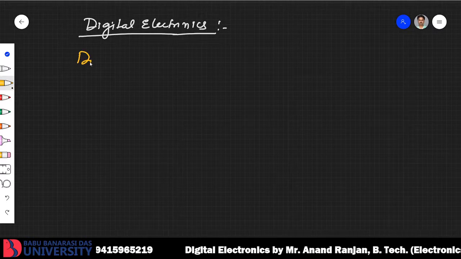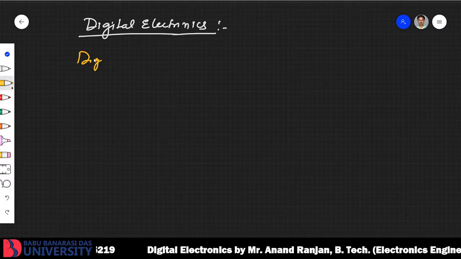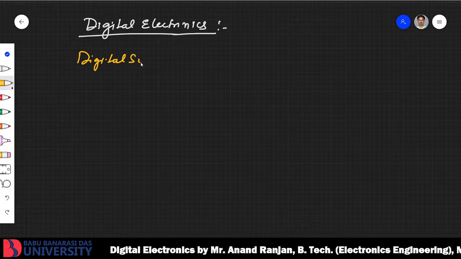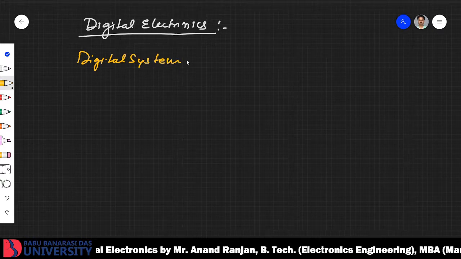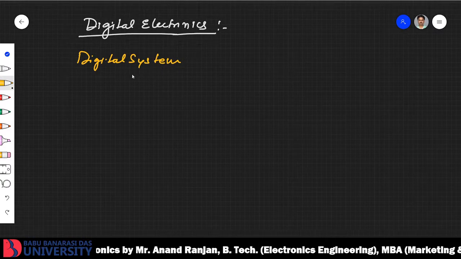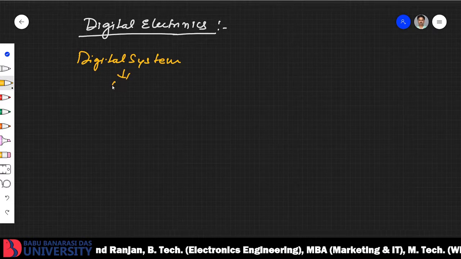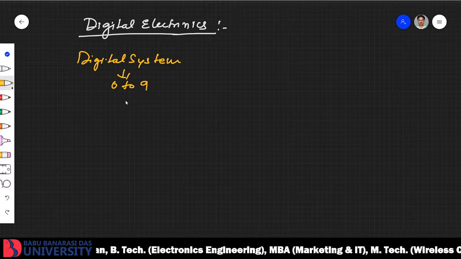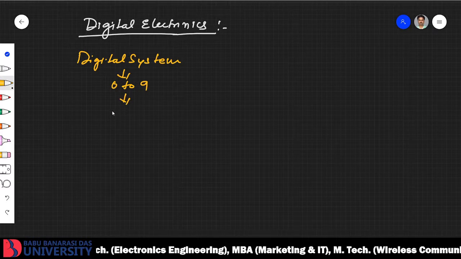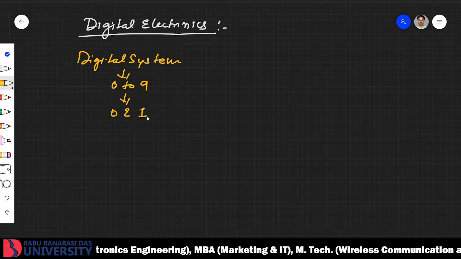We have digital systems, and these digital systems could be used with the numbers 0 to 9 or 0 and 1.